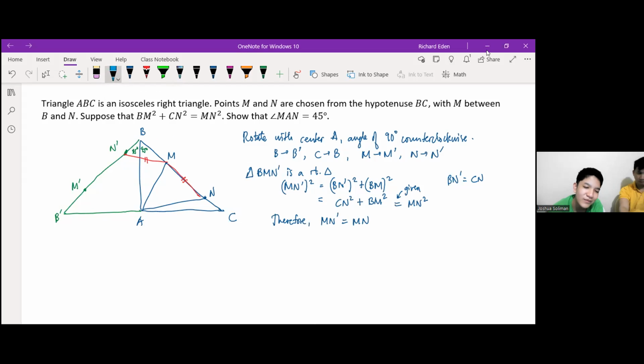Angle MAN, one of its sides is AN. What's the image of AN? AN prime. So what's the relationship between AN and AN prime?